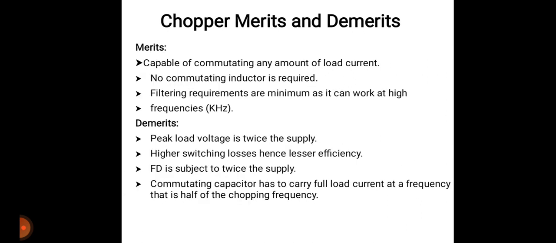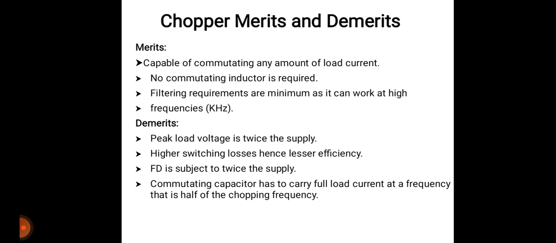Now the chopper merits and demerits. The merits of the chopper are that it is capable of commutating any amount of load current. Also, no commutating inductor is required. Filtering requirements are minimum as it can work at high frequencies in kilohertz.